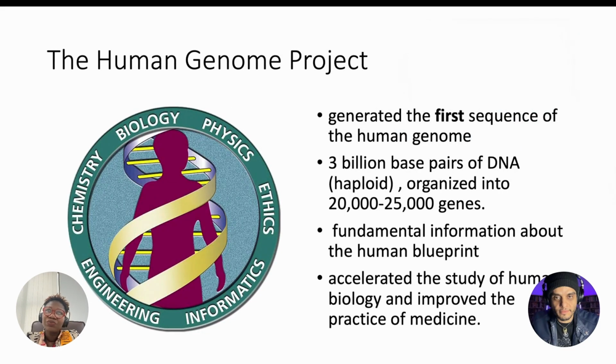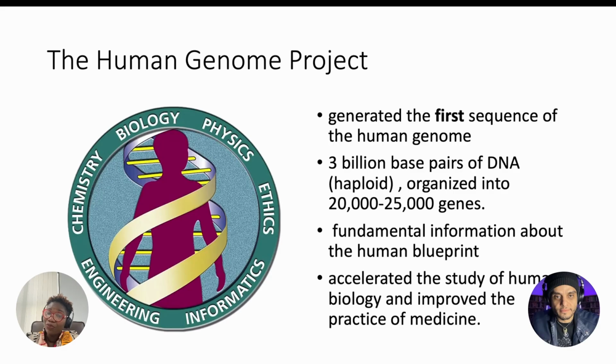So we're talking about genomics, and the main project that brought this about was the Human Genome Project. Prior to the Human Genome Project, we could sequence parts of the genome, genes, short sequences, maybe 1,000 base pairs and whatnot.